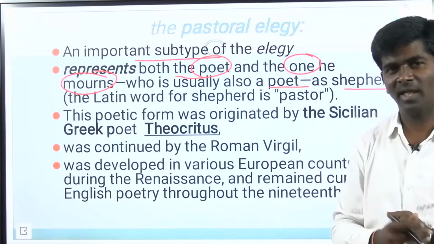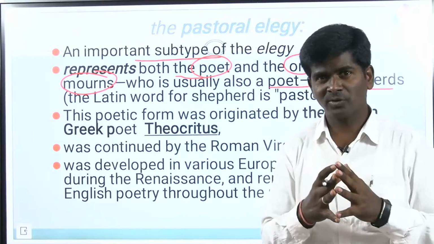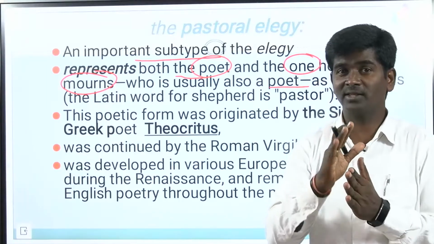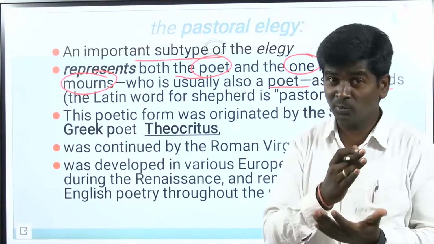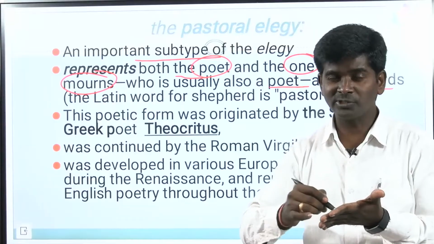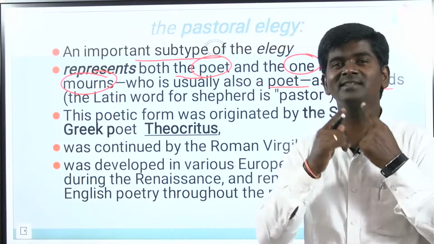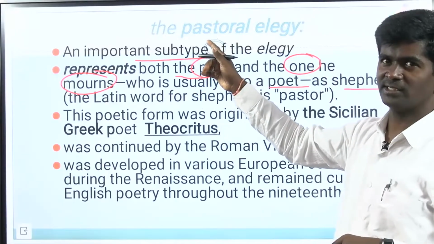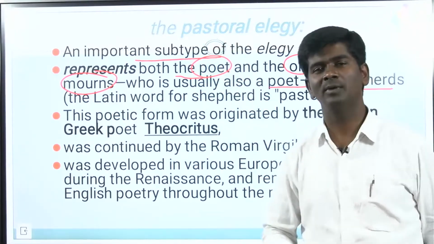I repeat. Pastoral elegy refers to a poem that is written on the death of an important person, in which one who composes the poem, one who cries in the poem are the same. That is pastoral elegy.